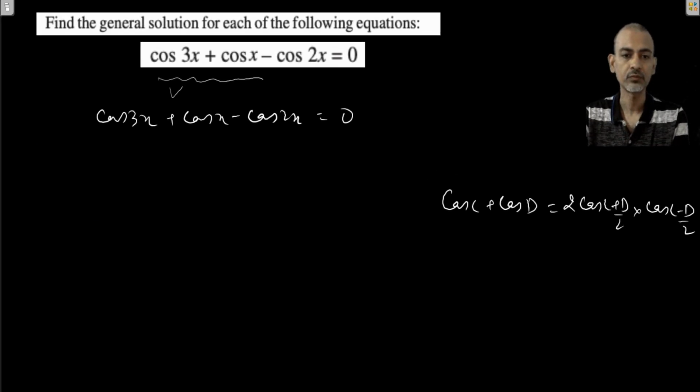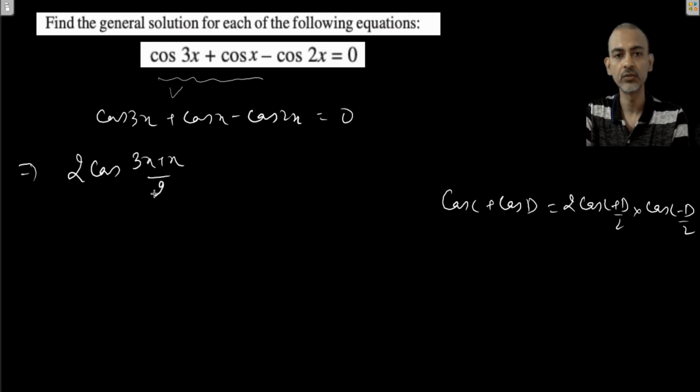So now I'll take these two together. I'll say 2 cos of (c plus d) by 2, which is (3x plus x) by 2, into cos of (3x minus x) by 2, that is (c minus d) by 2, right? And this minus cos 2x will stay as minus cos 2x itself.